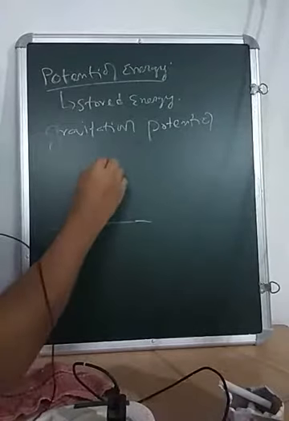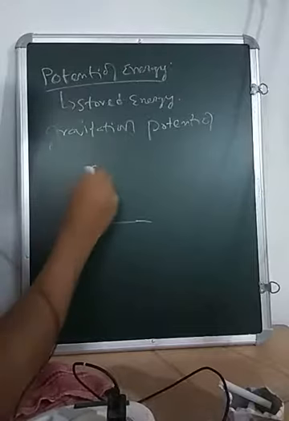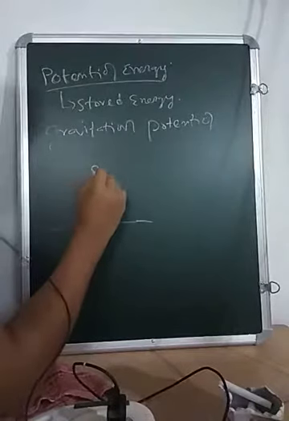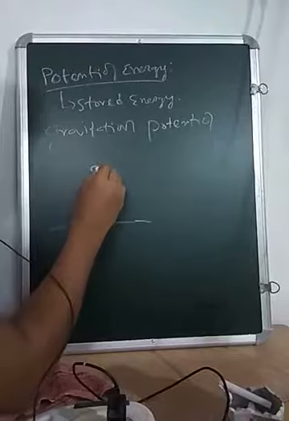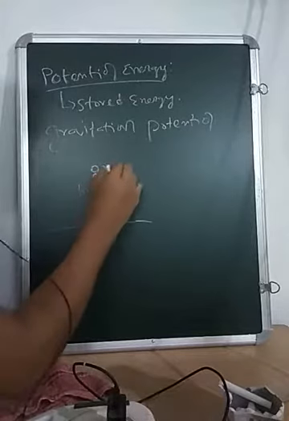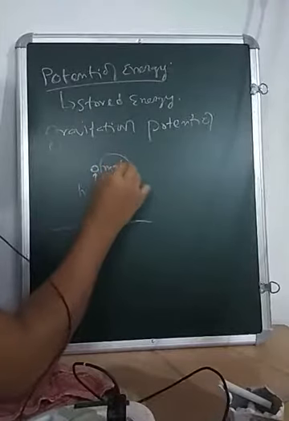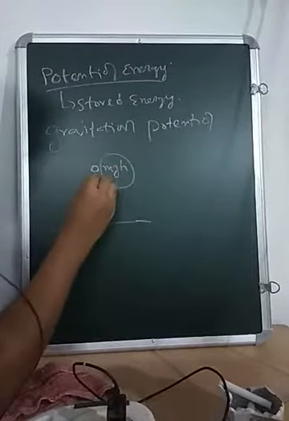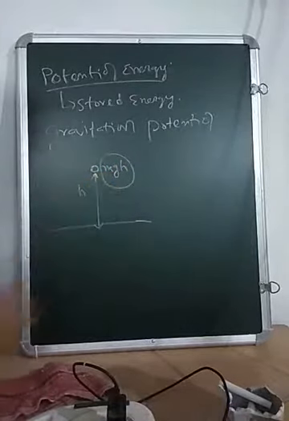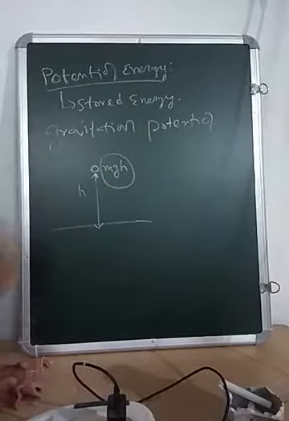What is the stored energy or potential energy of an object which is at a height h from the Earth? This is mgh. m is the mass of the object, g is the acceleration due to gravity, and h is the height from the surface of Earth. So this is the gravitational potential energy.